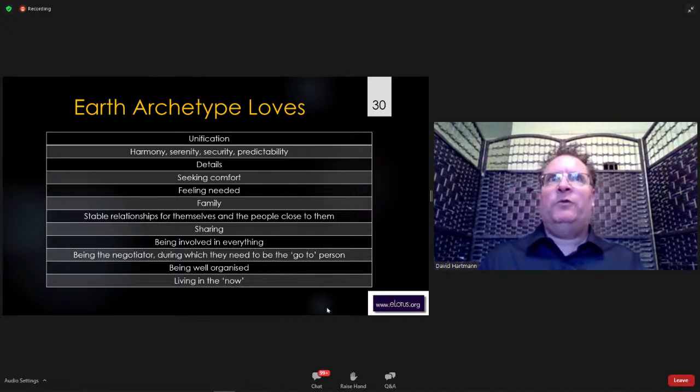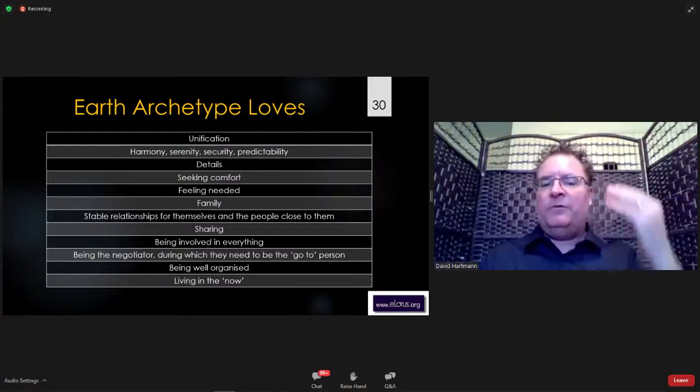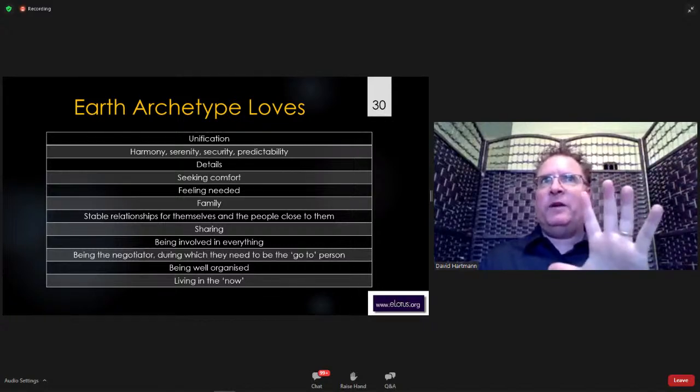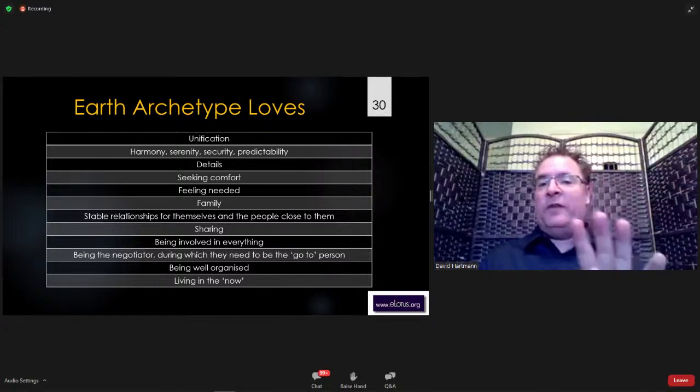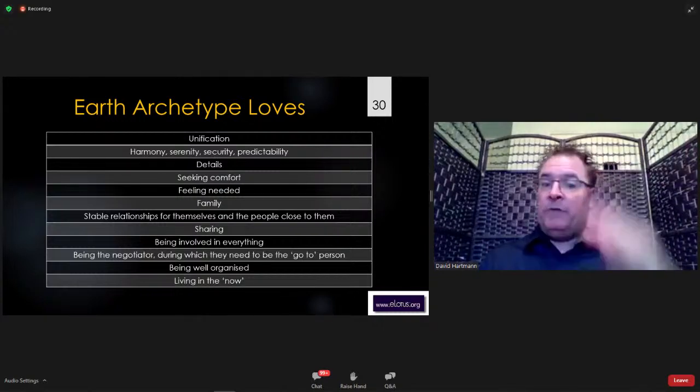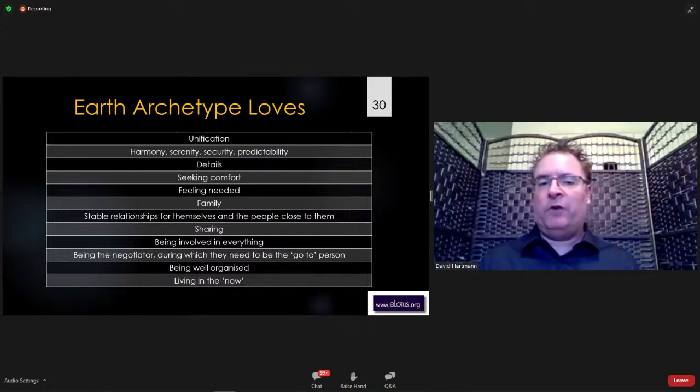So earth archetypes are very good at recognizing if they can be the negotiator. If there's two earth archetypes in the one conversation, if they're both balanced, probably one of them will either step back and let the other take charge and stay in the conversation, or politely leave the conversation and go and find another conversation where they can be the negotiator.